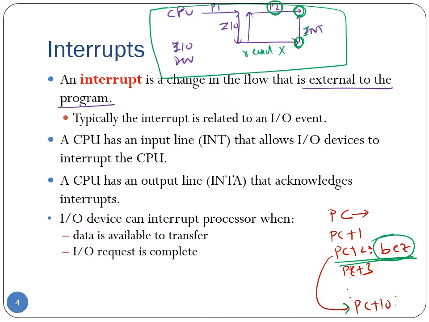So that's why interrupts are changes in the flow of program which are external to the program itself. Typically, an interrupt is related to an IO event, as we have seen in this example on the previous slide. However, this interrupt mechanism is a very powerful framework in operating systems, and it is used by operating systems for other purposes as well. For instance, many operating systems use interrupt mechanisms for virtual memory paging as well.